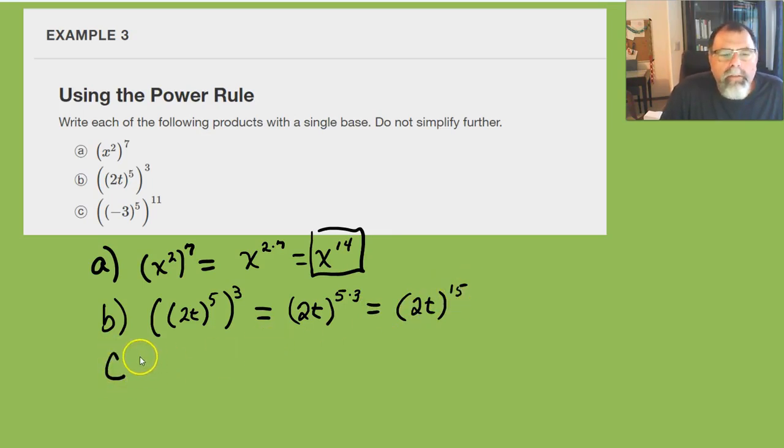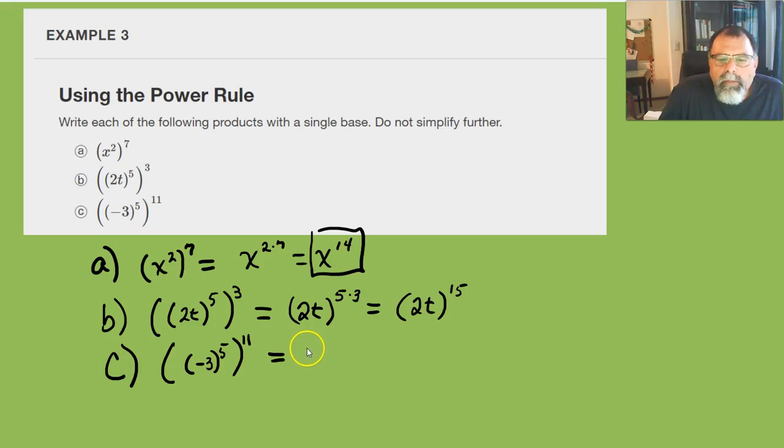All right, moving on to C. Same thing here. We've got negative 3 to the 5th to the 11th. If this didn't tell us to not simplify further, we would have to do more here, but we'll get to that in later examples.